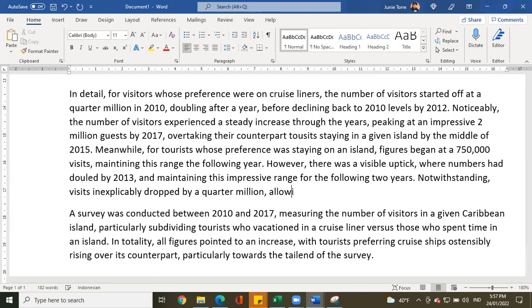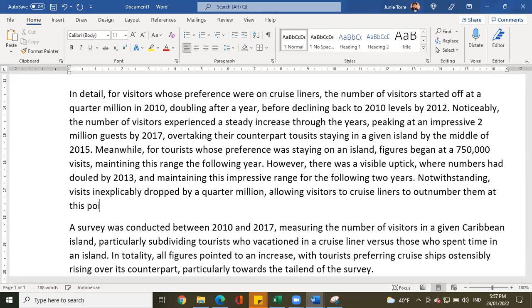Allowing visitors on cruise liners to overtake, to outnumber them at this point before fortunately ending the survey at the same 1.5 million visitor range.